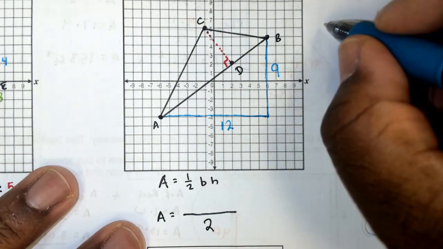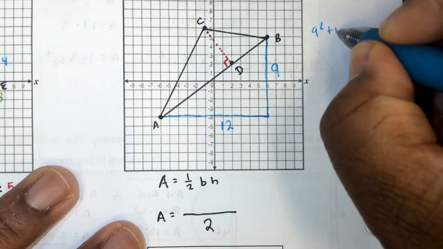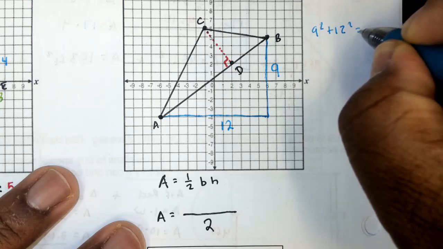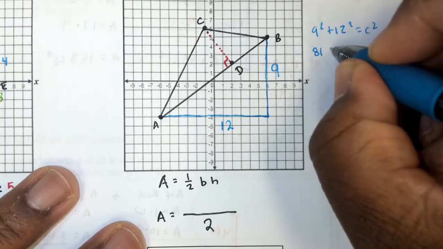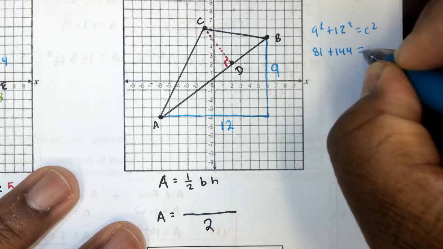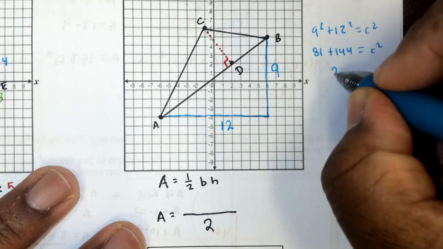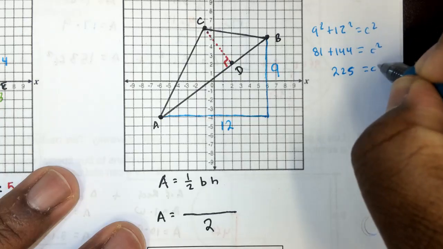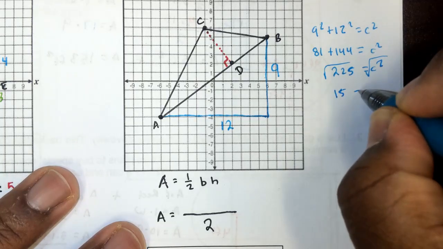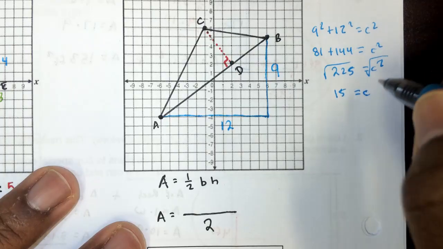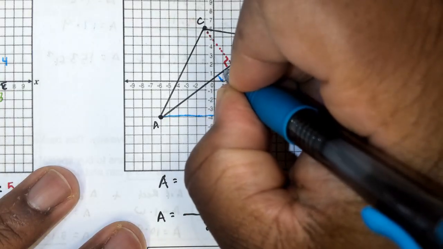I'm gonna do Pythagorean right out here. 9 squared, 12 squared. I just mentioned this is one of them common ones. 81, 144. C squared, add those together, 225. C squared, square root, 15 equals C. So my base is 15.